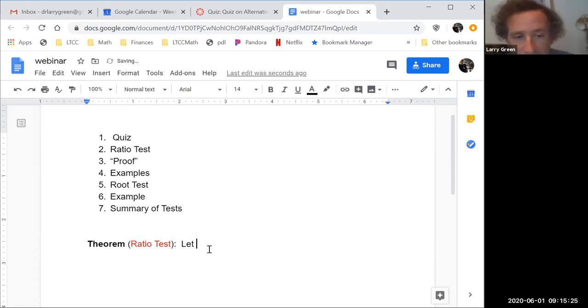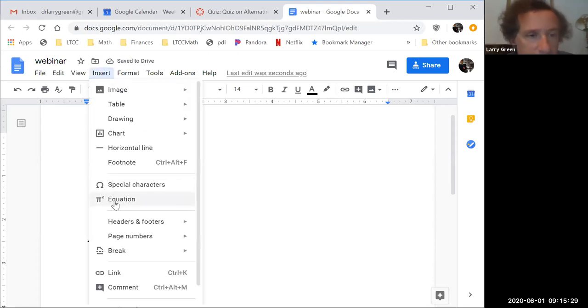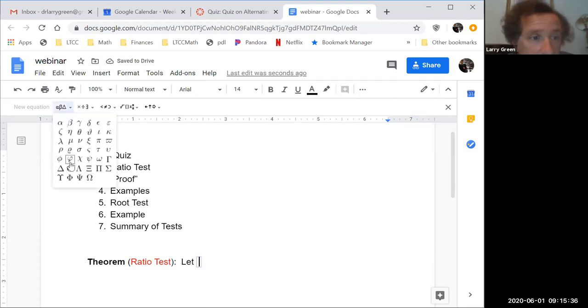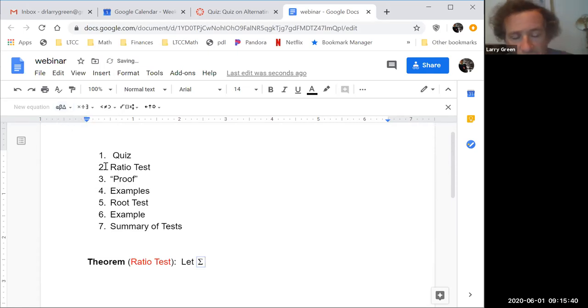Let the summation of a sub n be a series. And remember, if I don't write down the limits, it just means from n equals something to infinity. So let's suppose we have a series.